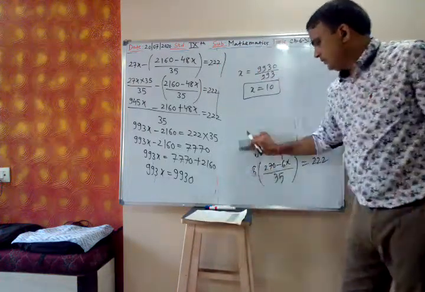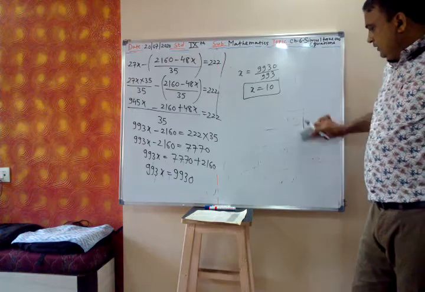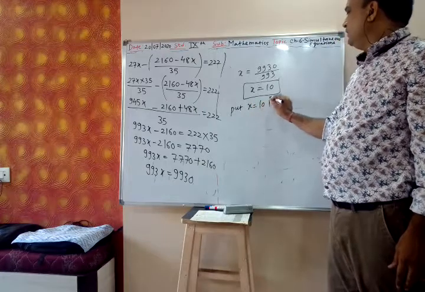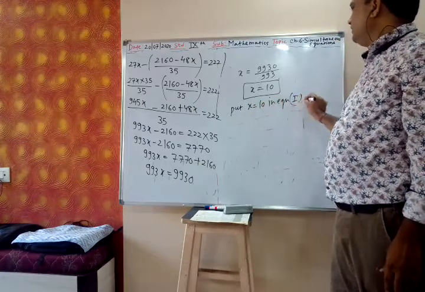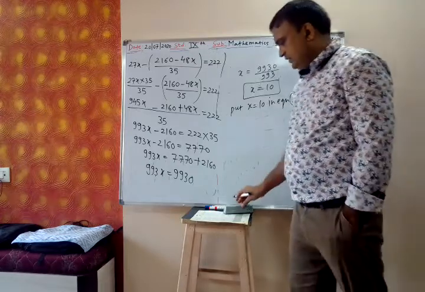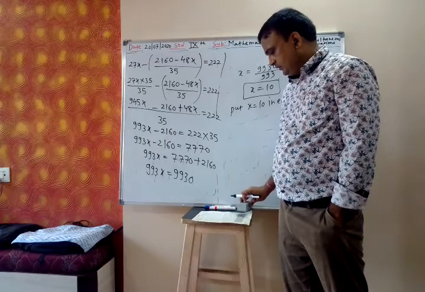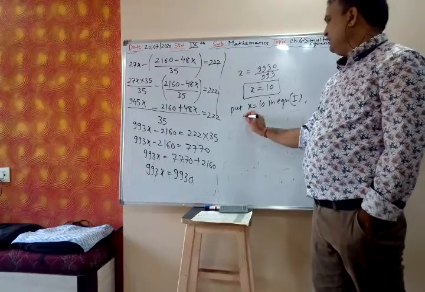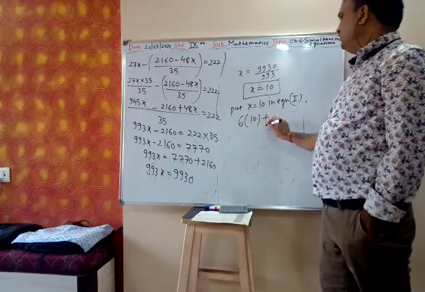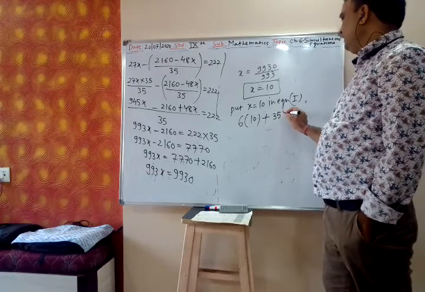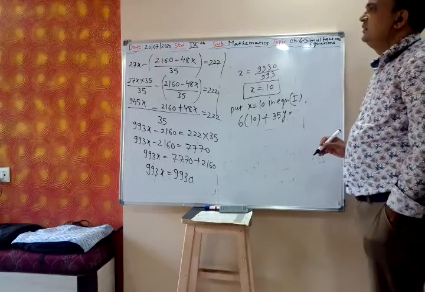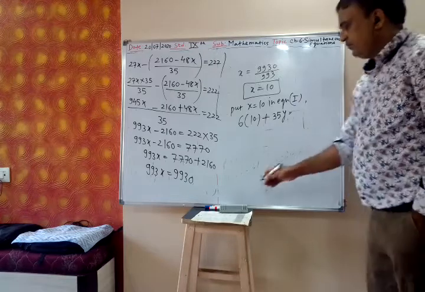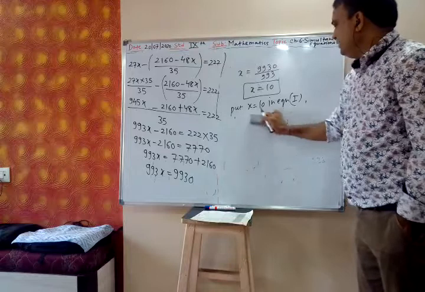Put x is equal to 10 in equation 1. What is our equation 1? 6x plus 35y is equal to 270. So 6 into 10 plus 35y.